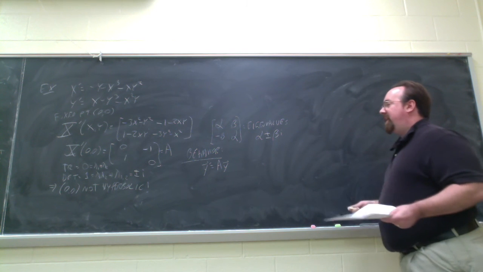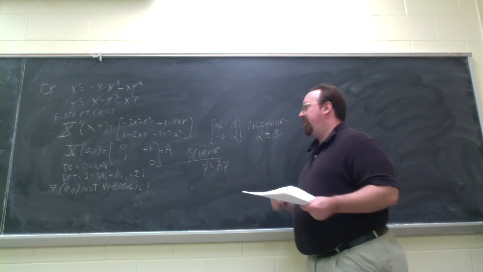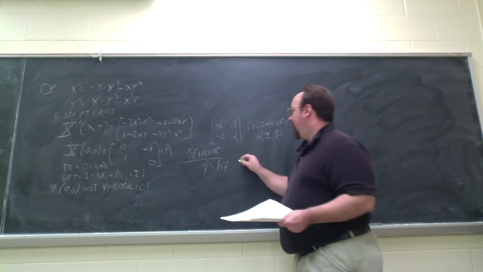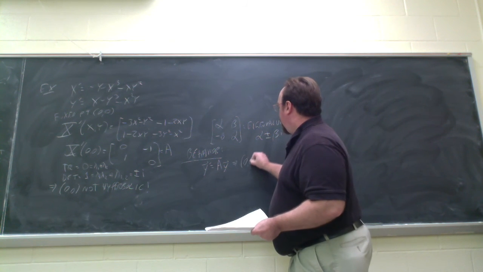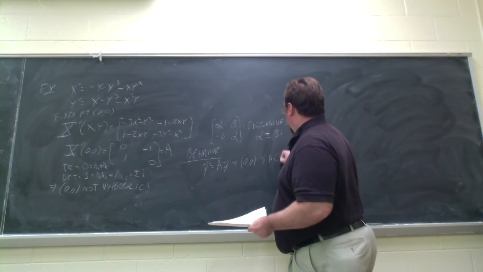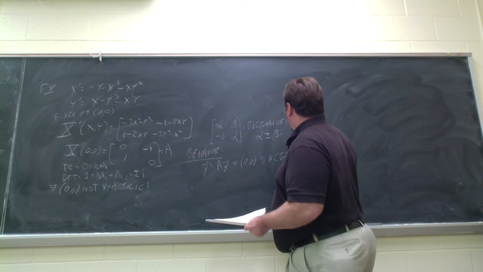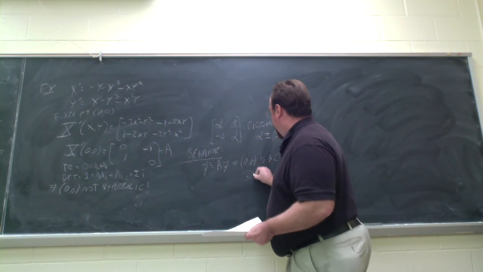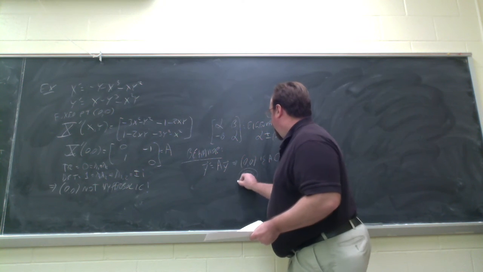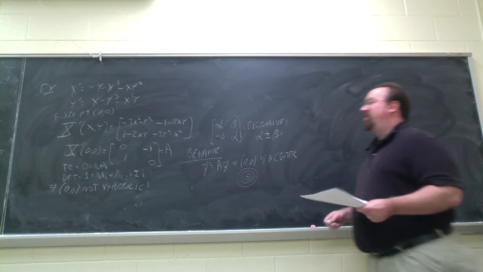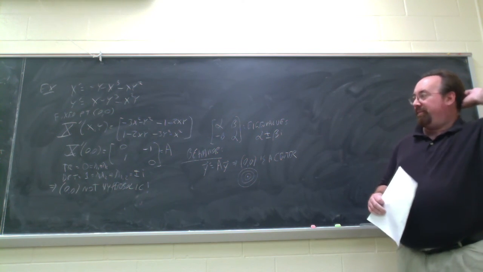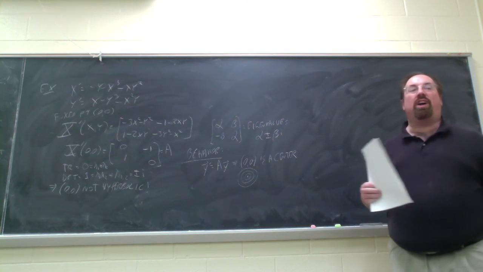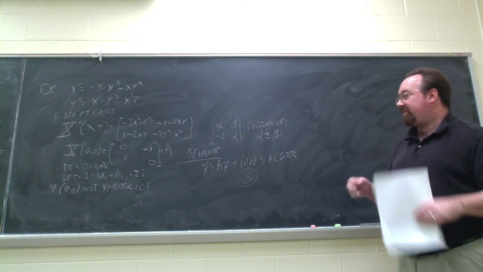If you were to work that out, solve the system, you actually get that 0, 0 is a center. So it has a fixed point and then the solutions orbit around it, because your solutions just give you concentric circles around the origin.